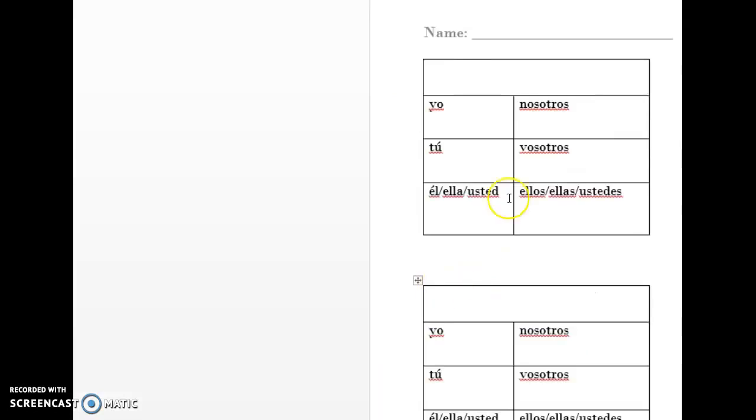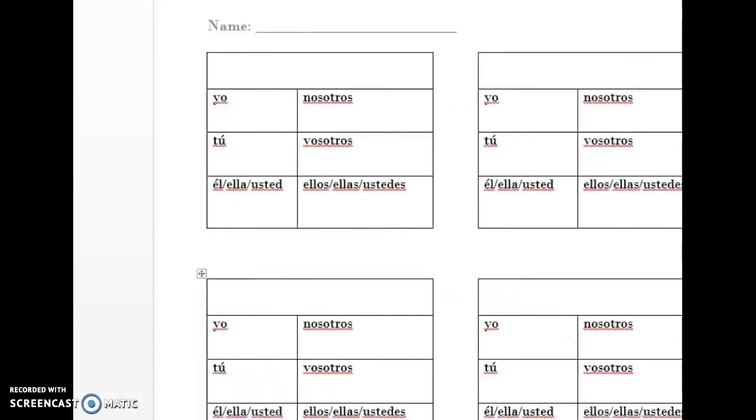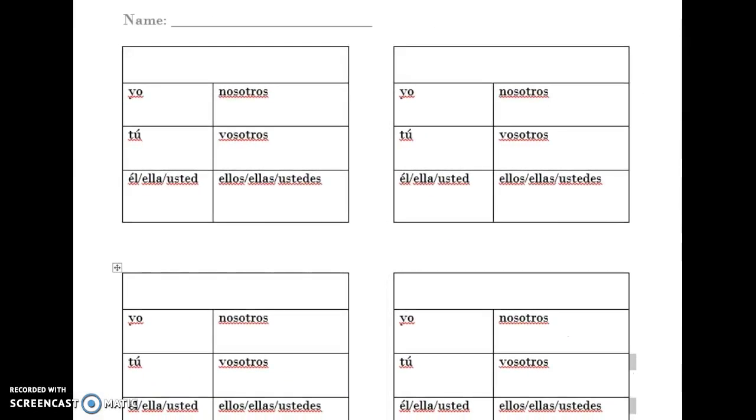And now I'm going to switch over to the chart that I have there as a Word document. This is something that you could either fill in on your computer, typing in the conjugations, or what I recommend even more is to print it and fill it out by hand, because a lot of times writing something by hand helps you remember it better. So let's say you're working with the verb escuchar.